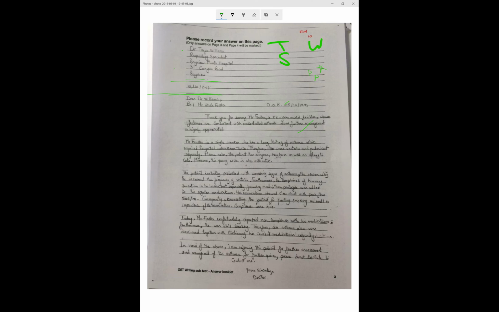You will leave a blank between this and this and write Dear Doctor, second name, Dear Dr. William, and comma, Regarding or Subject, colon, and Mr. whatever, Mr. Foster. Okay, date of birth like this also. All of this will be written right.